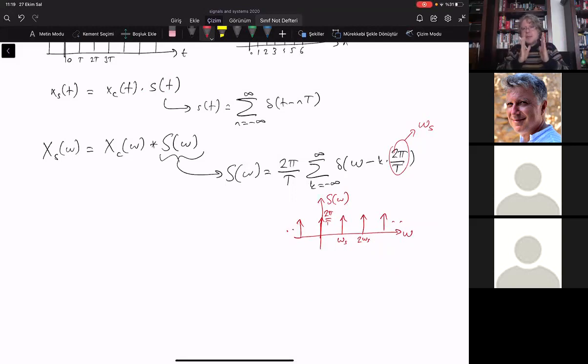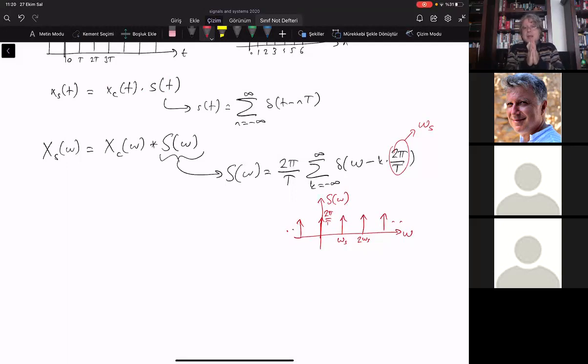And in the limiting case, if you can squeeze that capital T all the way down to 0, it makes only a single impulse in the S of omega. That will mean that x sub s will be exactly the same as x. So if you can sample with very small intervals, that sampled signal will essentially be the same as the continuous time signal.